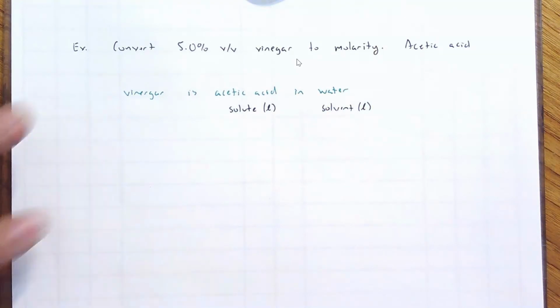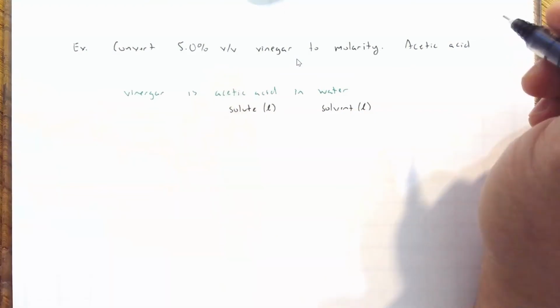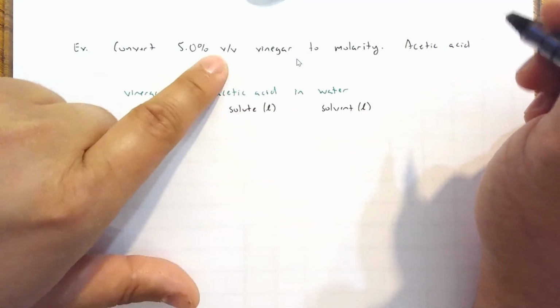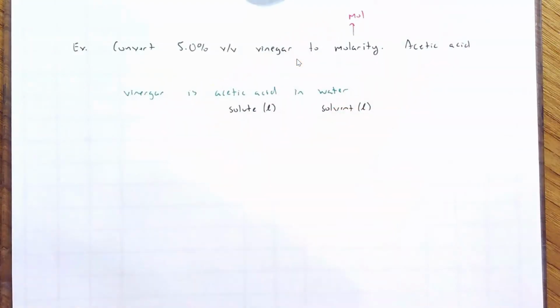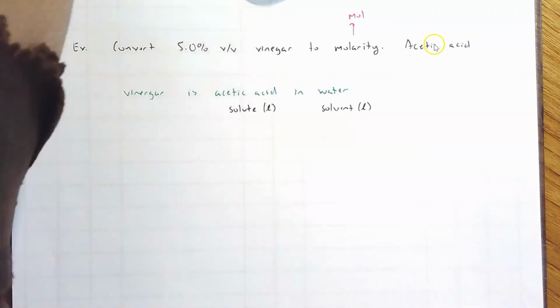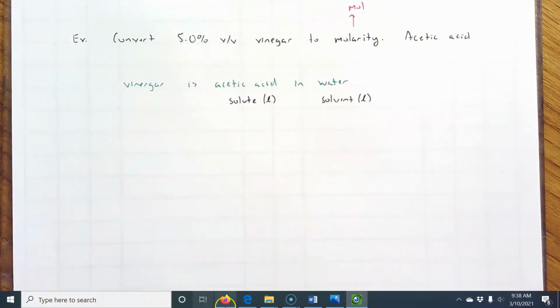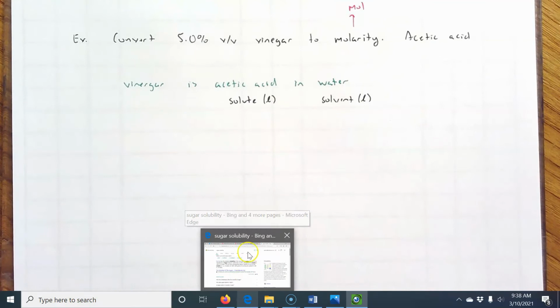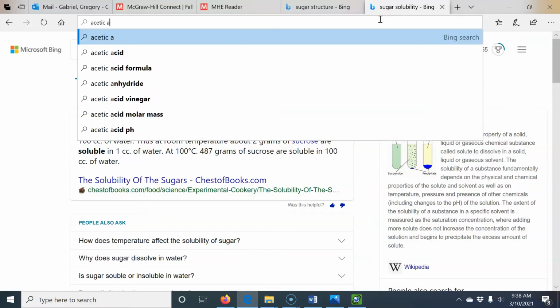Volume. We need molarity. So we need moles. To get moles, we need grams. So yes, we need the density and the molar mass of acetic acid. And if I'm writing the problem, I'll probably give it to people.